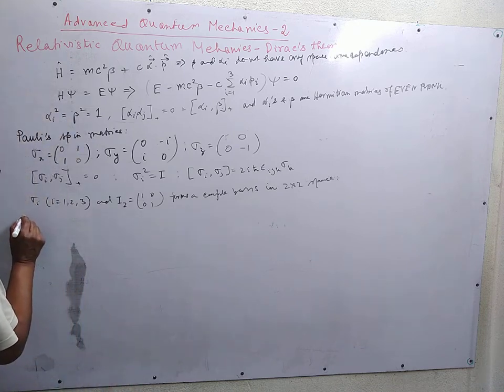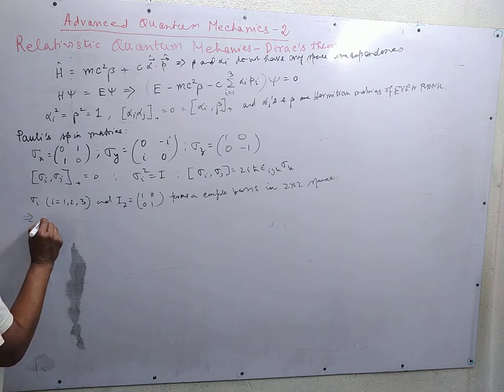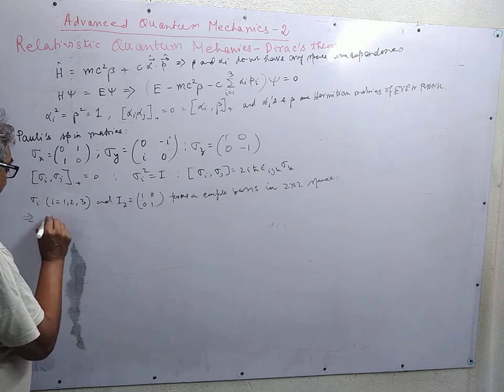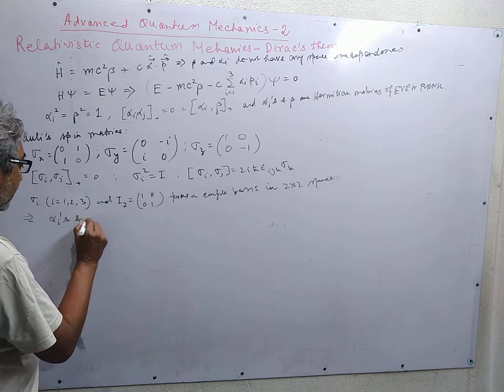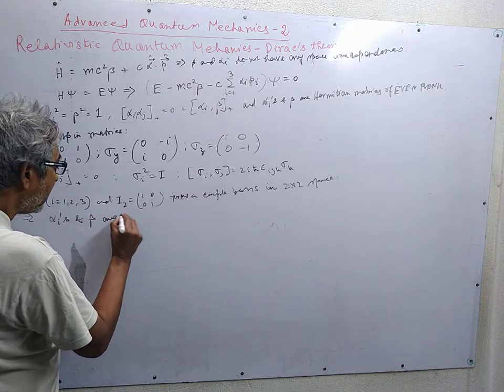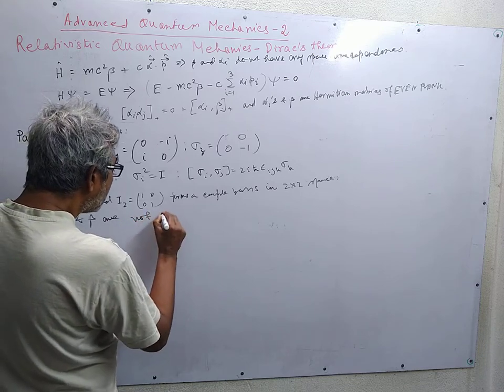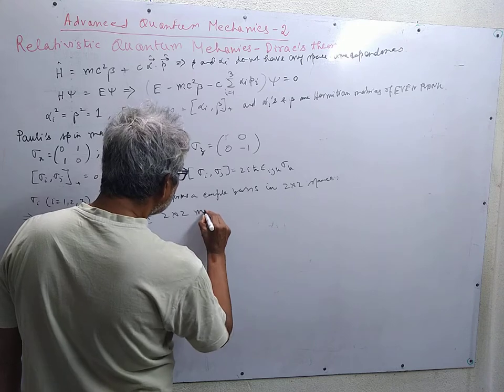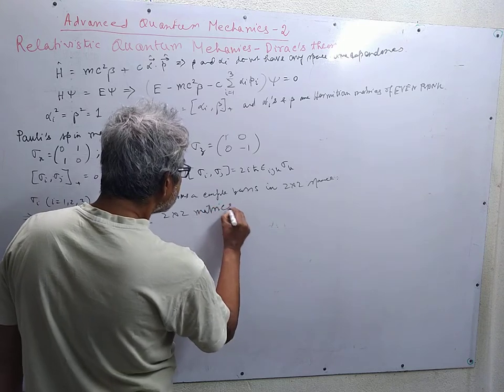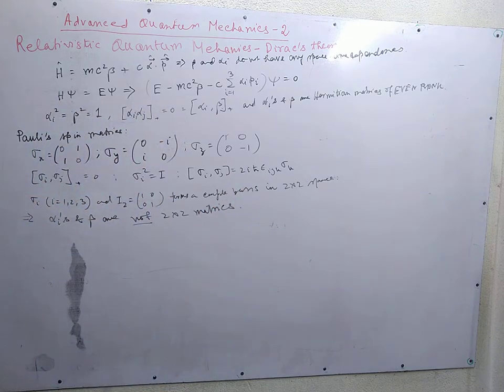The conclusion is the alpha i's and beta are not 2 cross 2 matrices. So what to do? Then the only possibility is that they could be matrices in 4 cross 4 space.